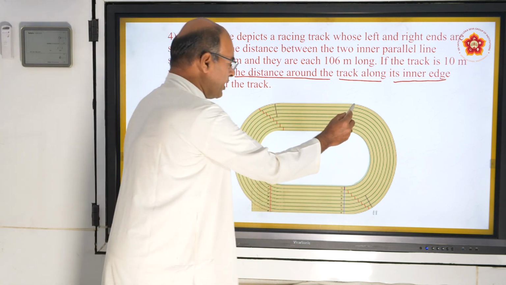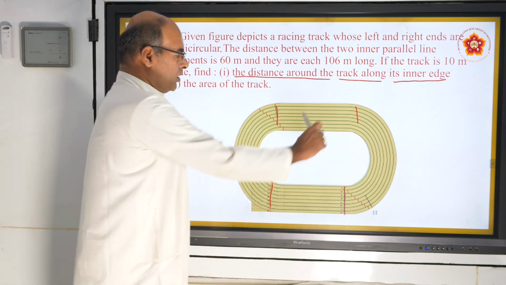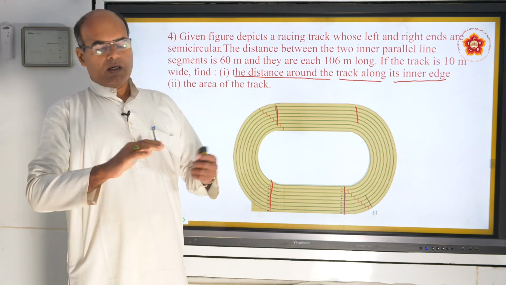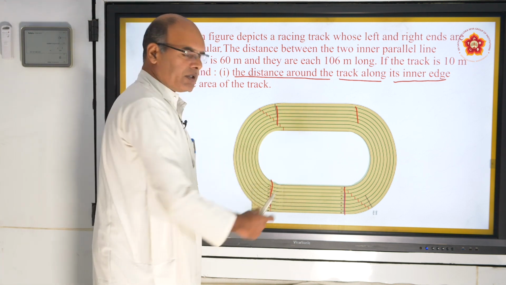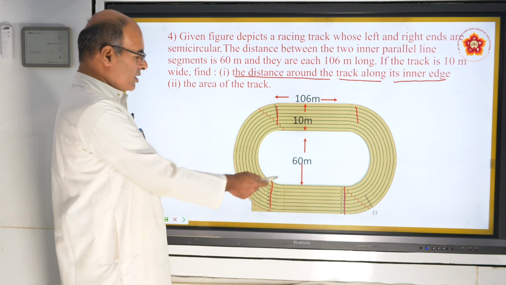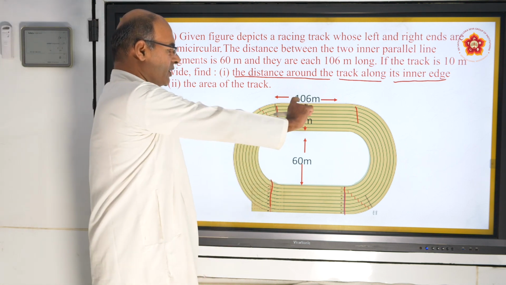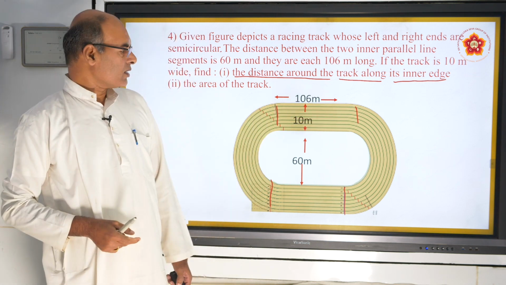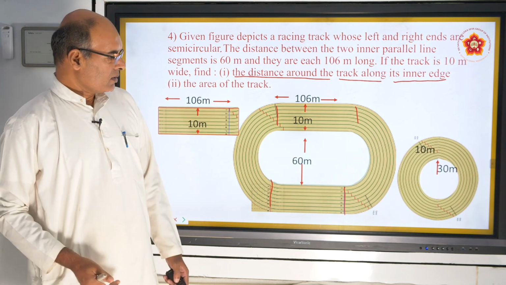So this yellow region we have to calculate. If we cut this figure at the ends here, here, here and here, here we have a semicircular region, here we have a semicircular region. If we join them, we get a circular region, and we get 2 rectangles. I will cut the figure and rejoin.